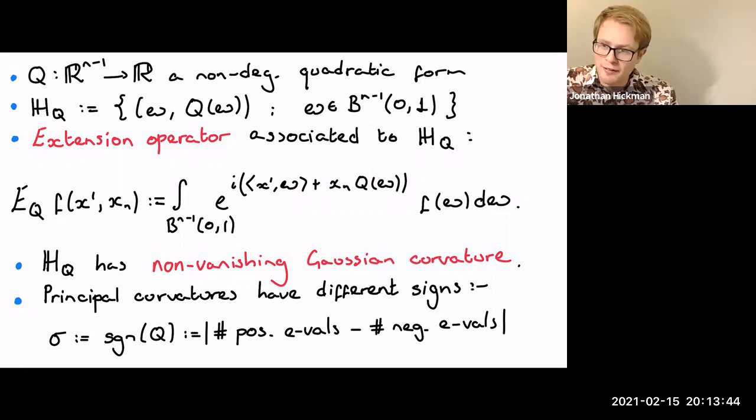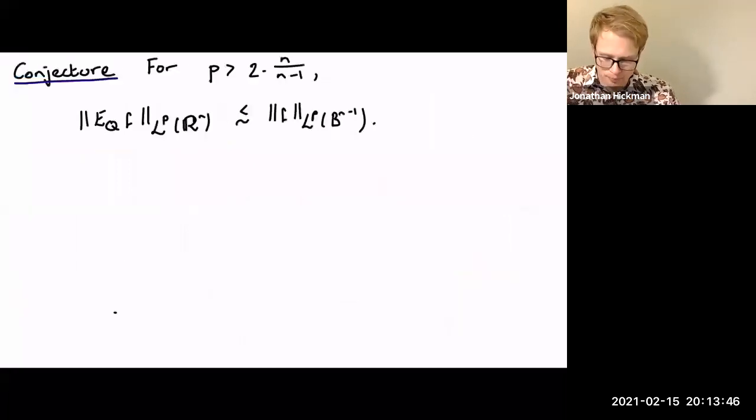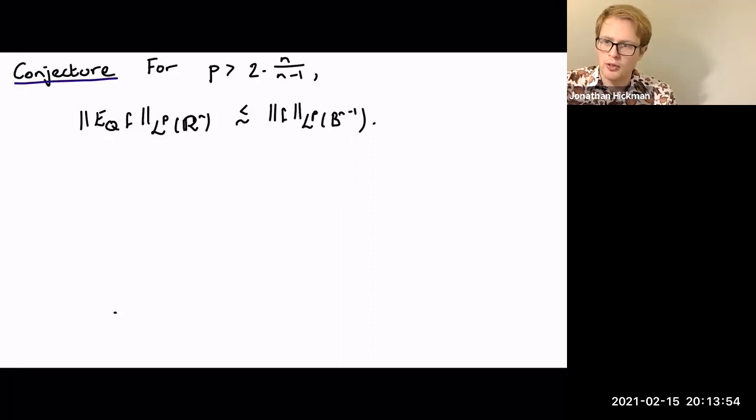Okay, so with these definitions, the main problem is to establish the following range of LP estimates for our extension operators. So in particular, whenever P is strictly bigger than this magic exponent 2n over n-1, we expect LP to LP boundedness.